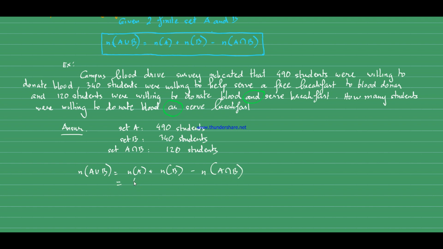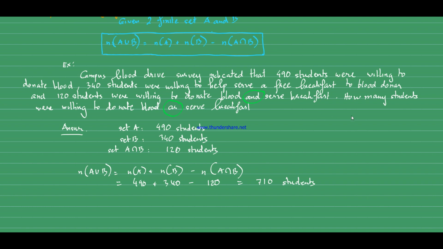So this is 490 plus 340 minus 120. Just do a quick bit of math over here. It looks like the answer is 710 students.